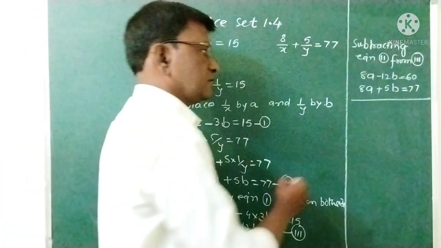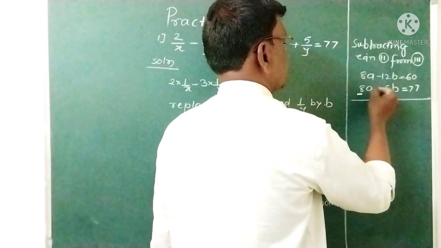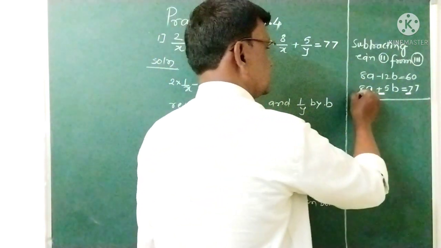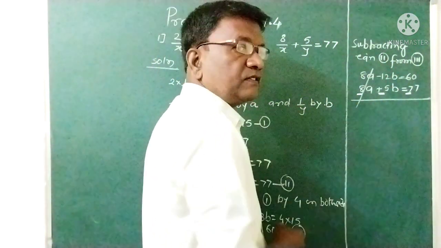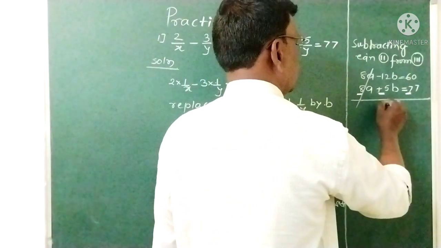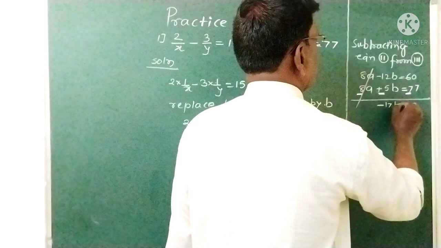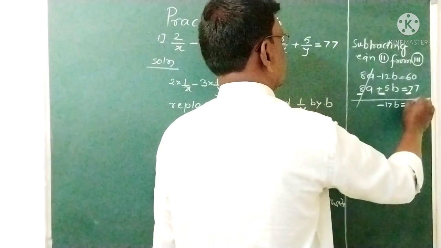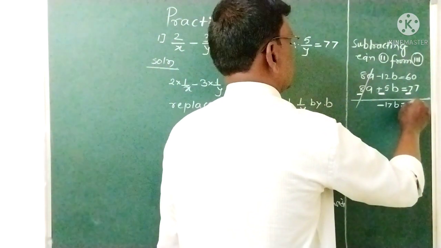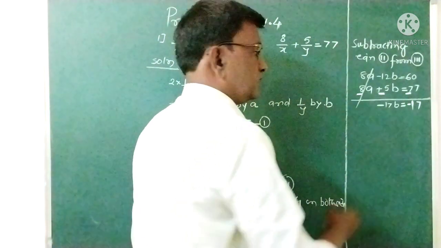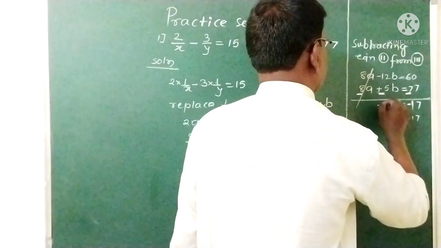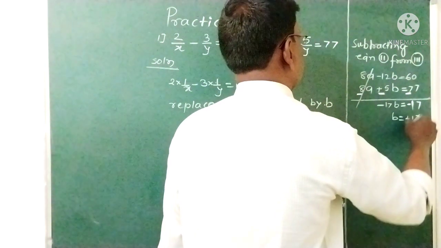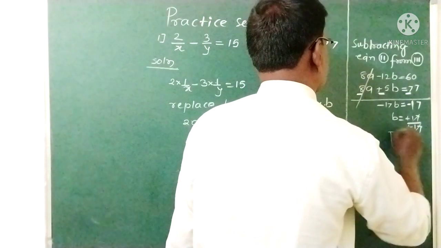If you subtract this, the sign changes here. सबट्रैक्ट केल्यानंतर काय होतंय, खालच्या याचे साइन चेंज होतात, 8a मायनस 8a कॅन्सल होते, मायनस 12b मायनस 5b मायनस 17b, 7 minus 0, 7 minus 6 is 1. Here put the sign of the greater number, minus 17b equal to minus 17, so divide, minus minus get cancelled, 17 ones are 17, we get the value of b is equal to 1.